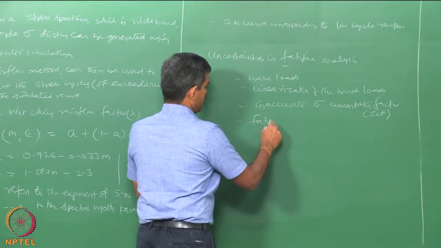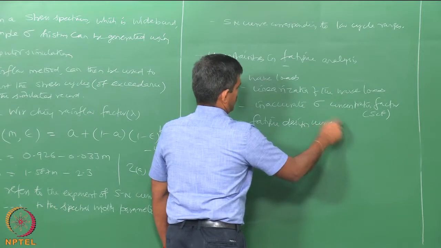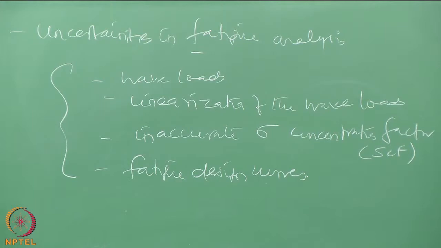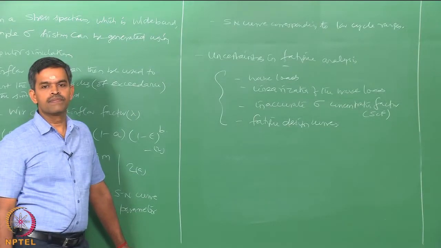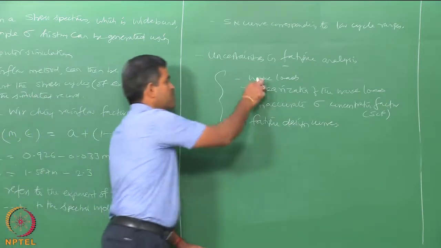Inappropriate fatigue design curves. There can be many uncertainties. Now, the fatigue damage estimates are sensitive to these errors, due to the various factors or influence caused by these factors in the overall estimate.